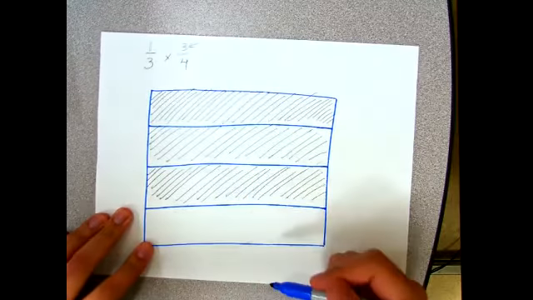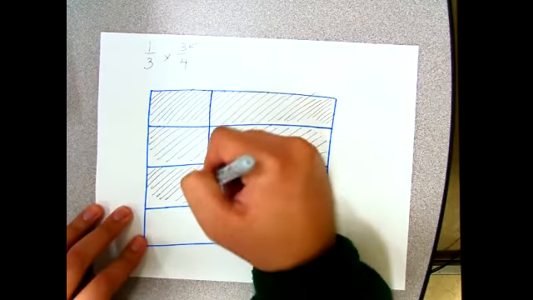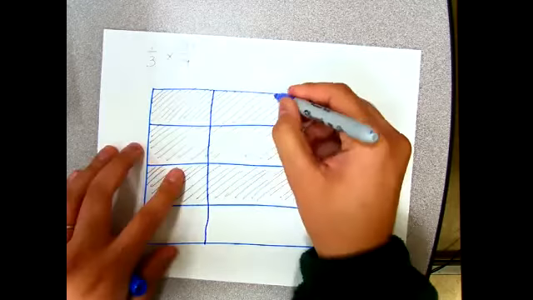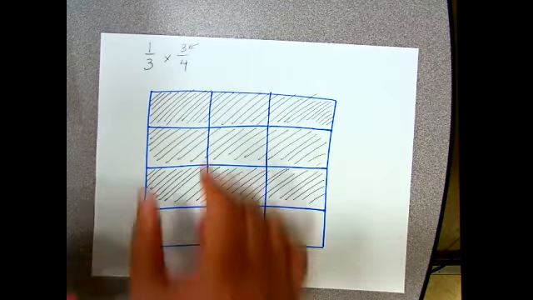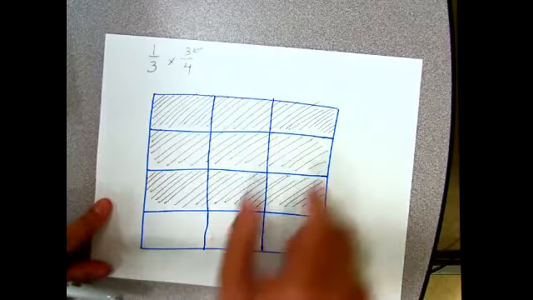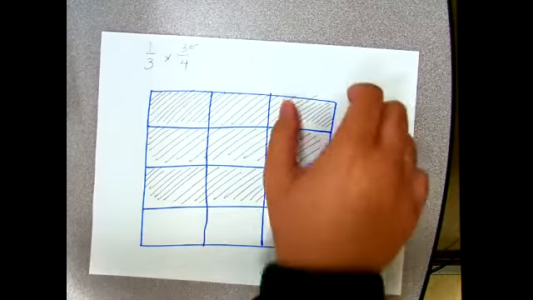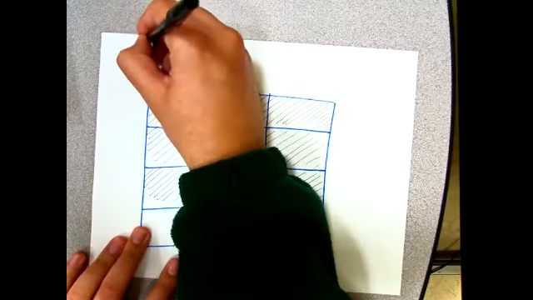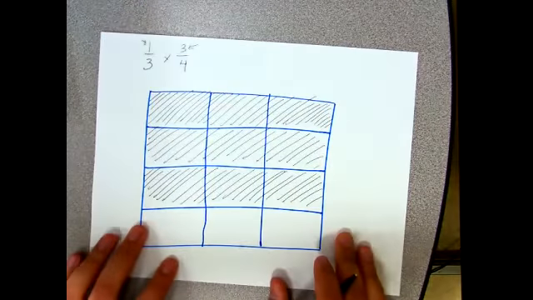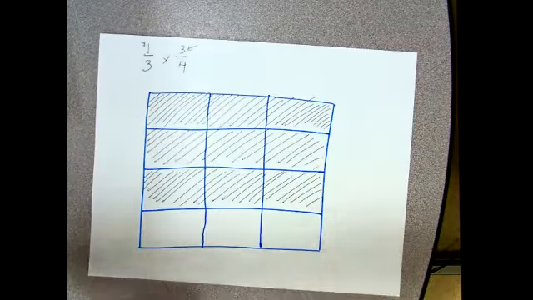And now I'm going to look at my other denominator, which is 3. I'm going to create 3 columns. You can do that like this. So you can see now I have 3 columns going from top to bottom. Out of those 3, I'm going to shade in 1 because 1 is my numerator there. This time I'm going to use a red pen, and I'm going to shade in the opposite direction, but only 1 column since my numerator is 1.